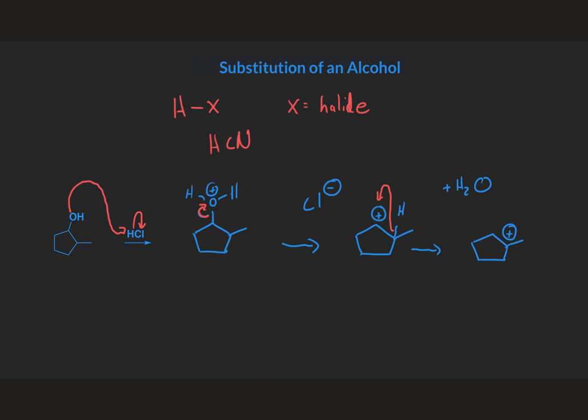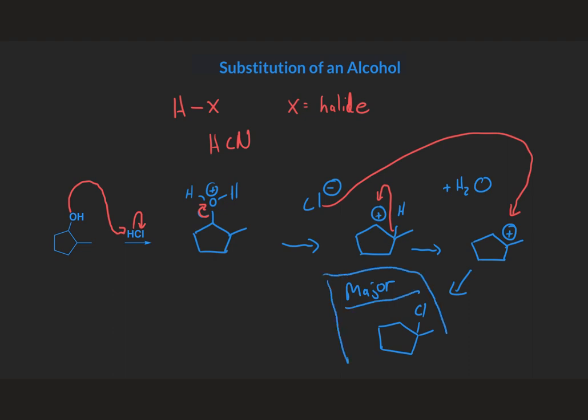And so now that chloride has some electrons that it can donate to that carbocation, and we're going to form a tertiary alkyl halide. In this reaction, probably your halide could attack this secondary carbocation before that rearrangement takes place, but the major product in this reaction is going to be the tertiary alkyl halide formed here.